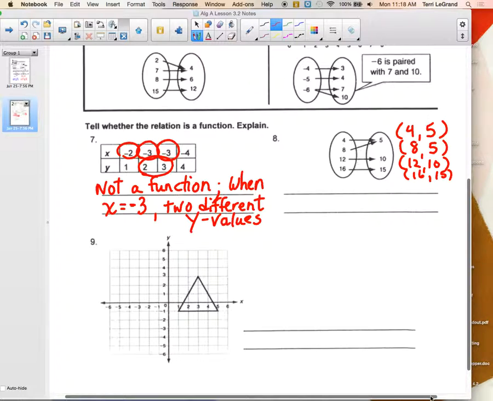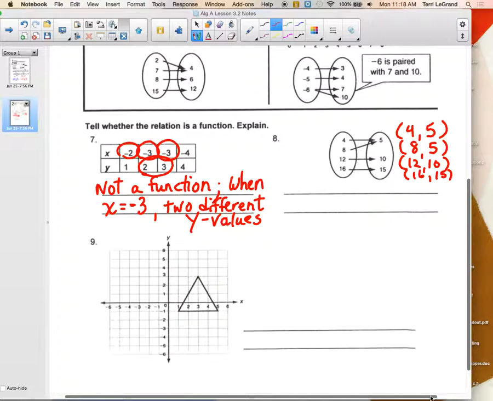How about when x is equal to 12? Y is equal to 10. Is there any other time that there's an x value of 12? No, so when x is equal to 12, there's only one y value. How about when x is 16? Our y value is 15. Is there any other time x is equal to 16? No, so then when x is 16, it only has one y value. Is this a function? Yes.